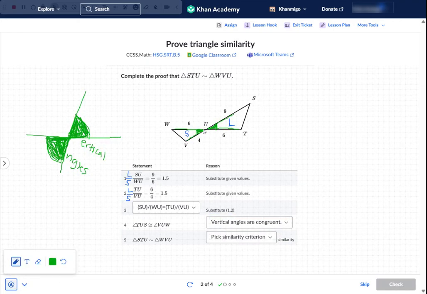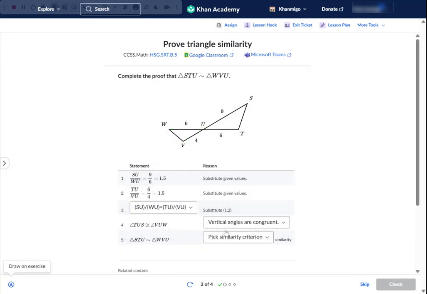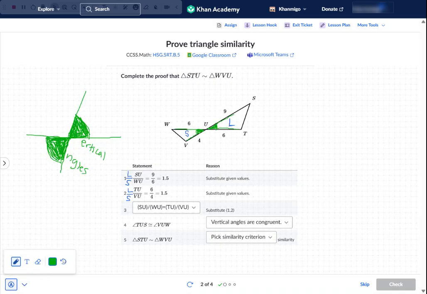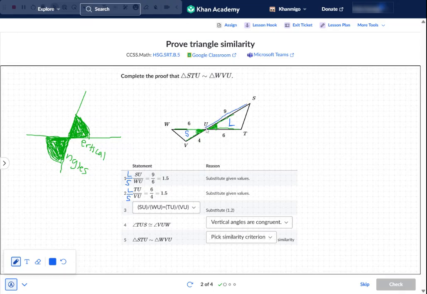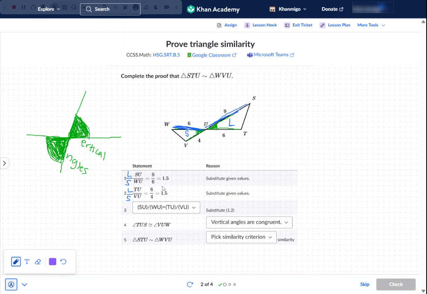All right. And with that, there is enough information to say the triangles are similar. We need to pick the criterion. So let's compare and contrast again. We compared SU, I forgot to mark up the figure, SU with WU. Those were corresponding side lengths.